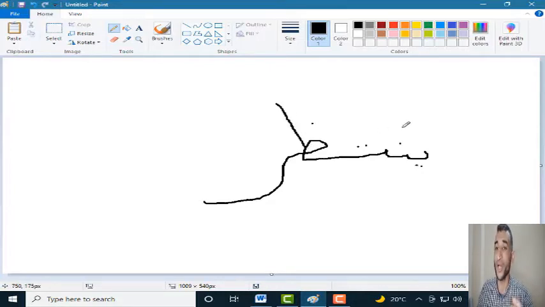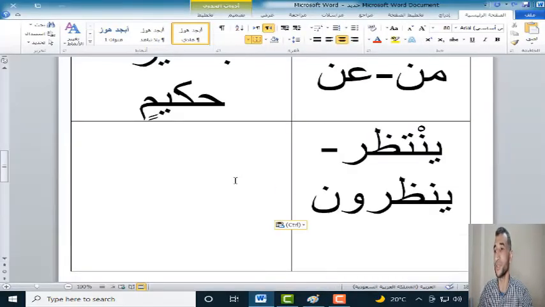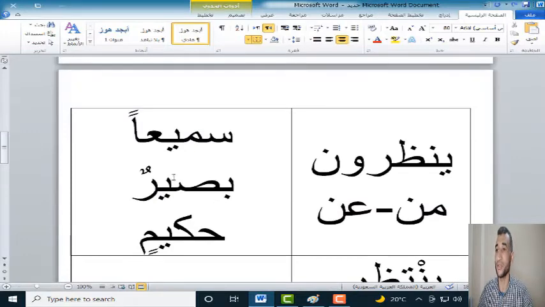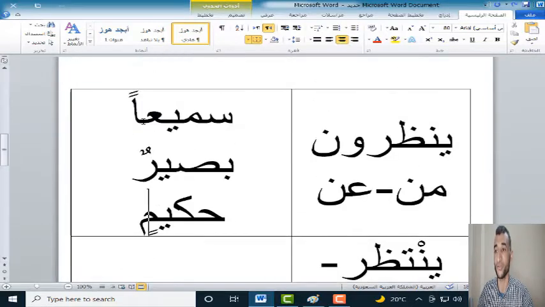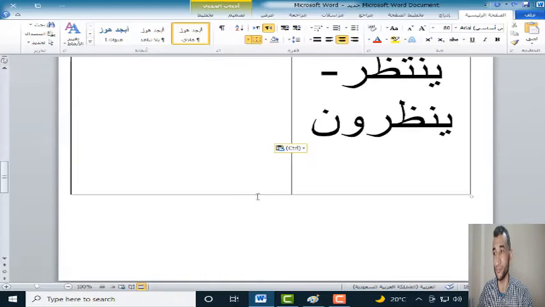Sometimes you can find the sign of sukun like the first part of the head of ha in the Holy Quran, like this. But here, for the sign of tanween, you can find the double fatha, or double dhamma, or double kasra. So these are the signs of tanween.